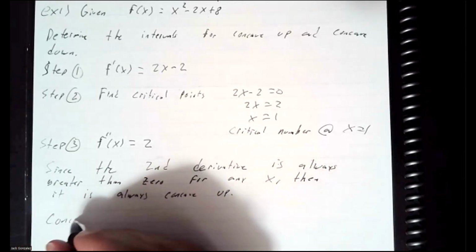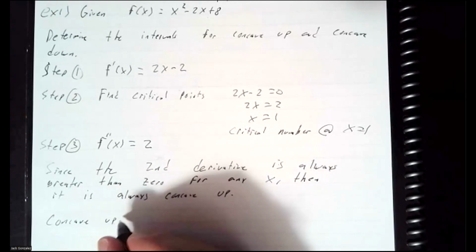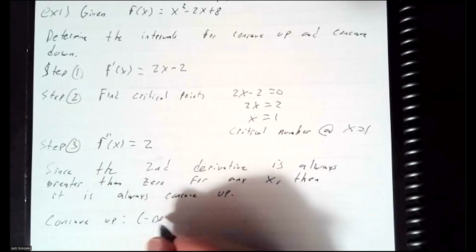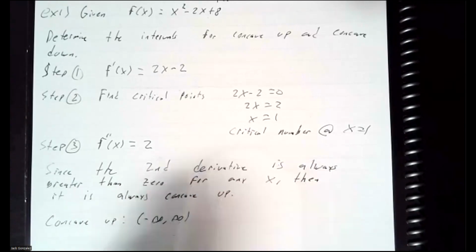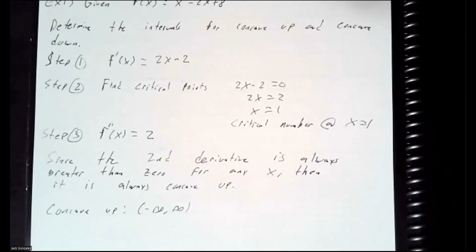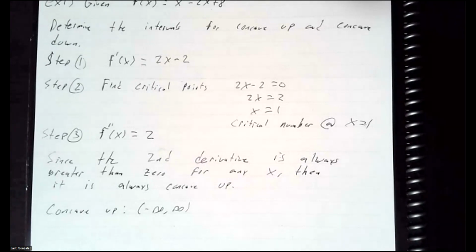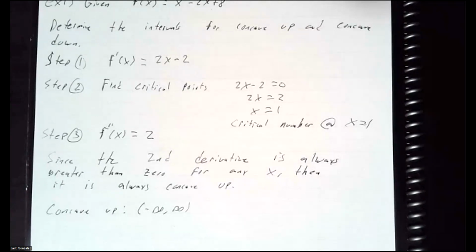So concave up would be the entire real numbers, which we saw in the graph, right? It's opening up, doesn't change suddenly. That makes sense. Yes.